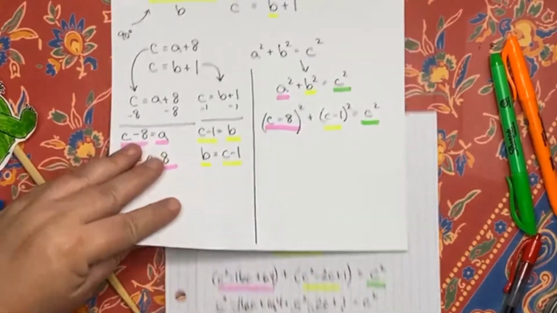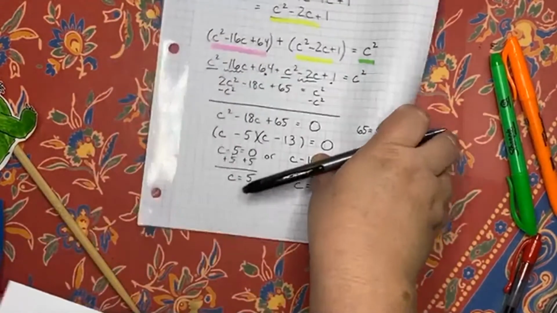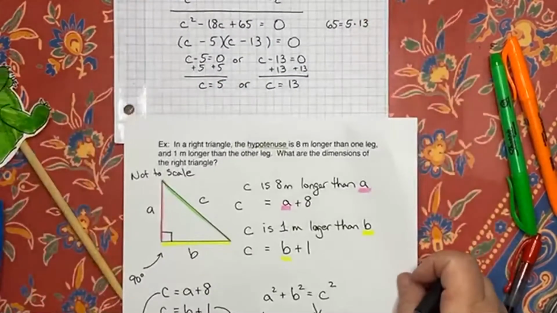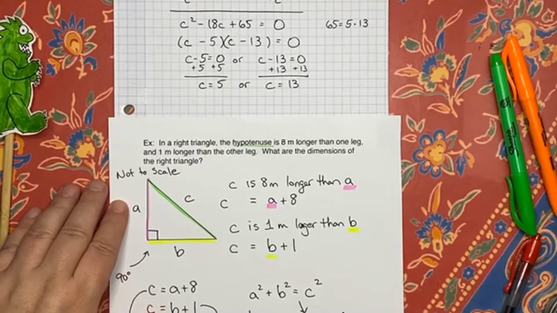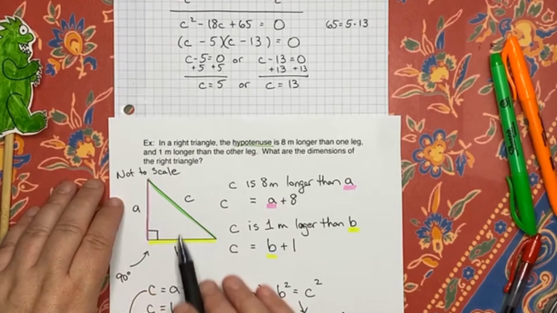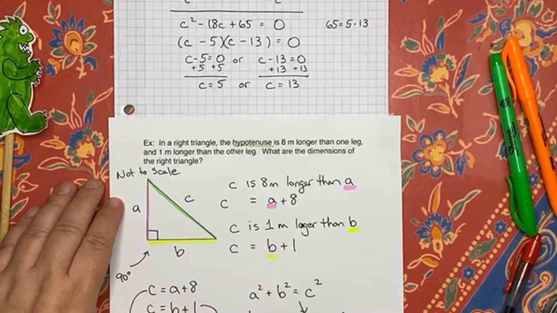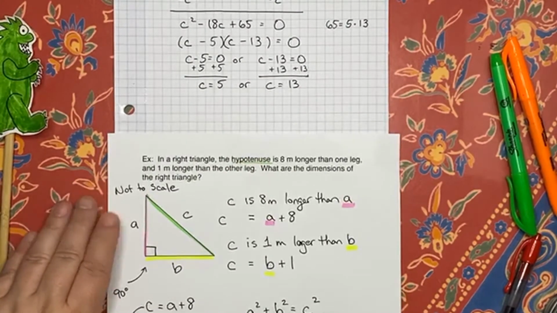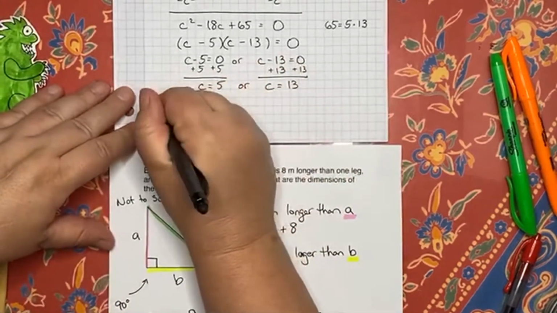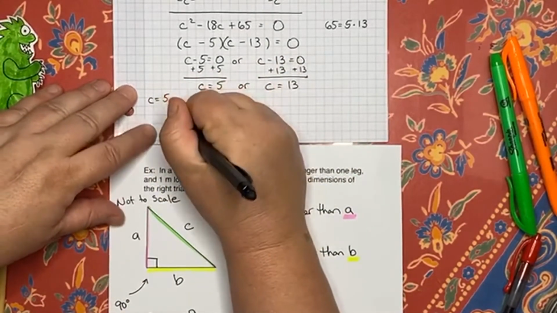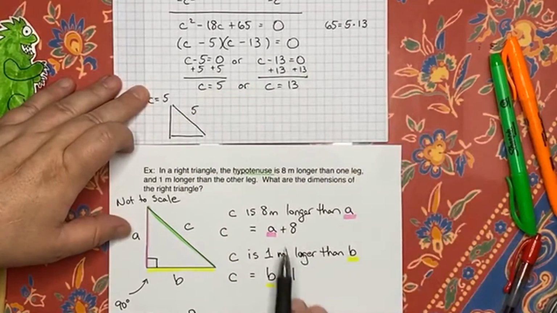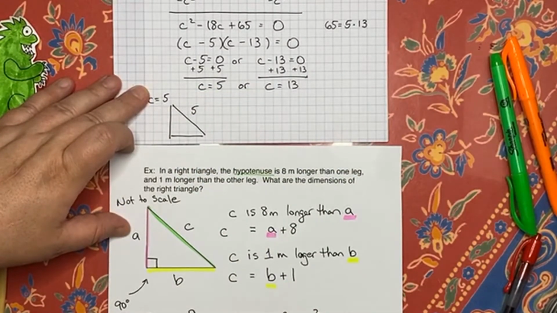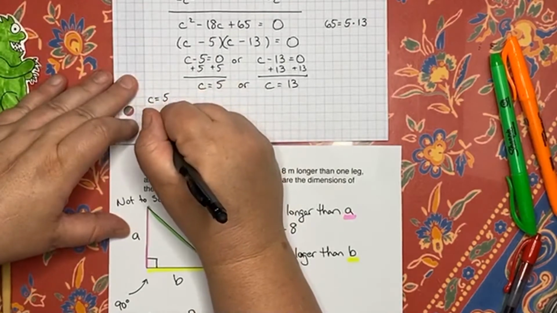So let's go back. Let's see, how do I put this so that you guys can see it? Put that up there, and I'll put the picture down here. Let's take a look at our problem again. We've got A, B, C, and we're trying to figure out what the values are. So let's say if c equals 5, then A is c minus 8. 5 minus 8.